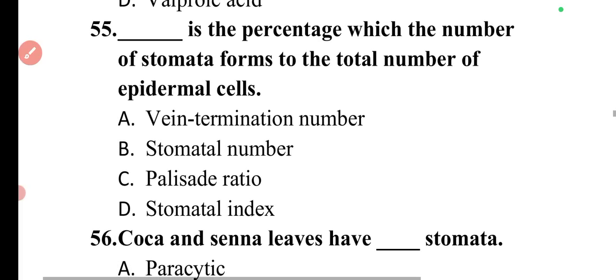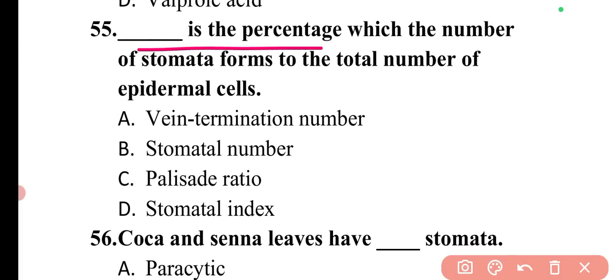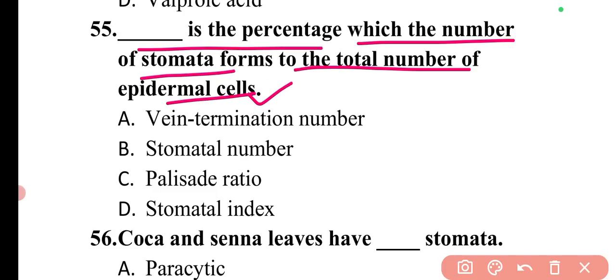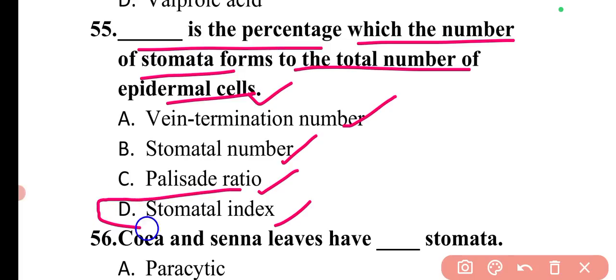Next question is dash is the percentage which the number of stomata forms to the total number of epidermal cells. Options are vein termination number, stomatal number, palisade ratio, or stomatal index. The correct answer is option number D, stomatal index.